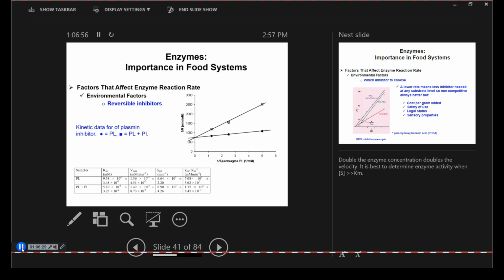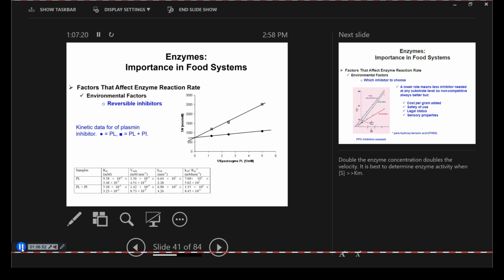Plasmin is a native enzyme present in milk that can cleave casein and impact the quality of milk and cheese. But it's a very complex system in milk. There are also inhibitors in there.